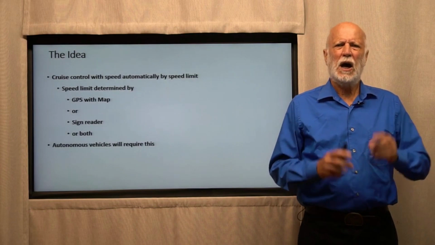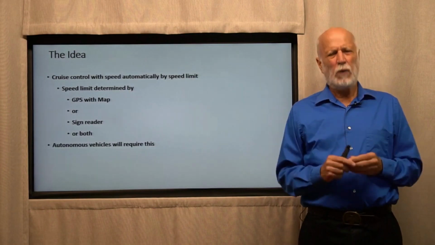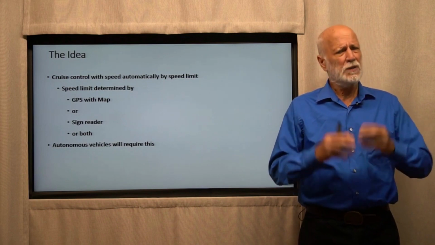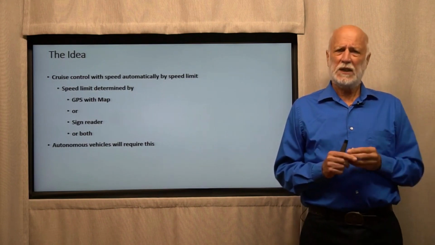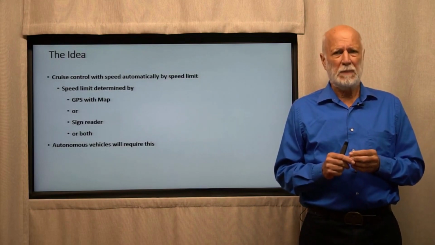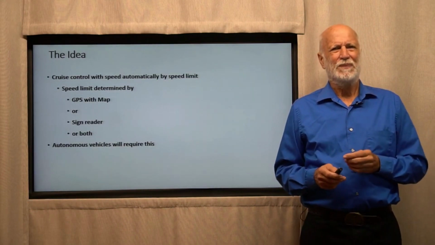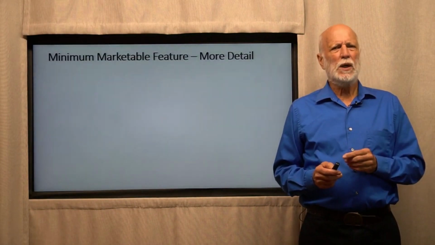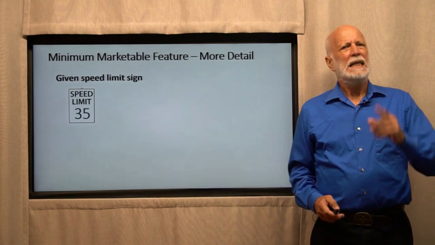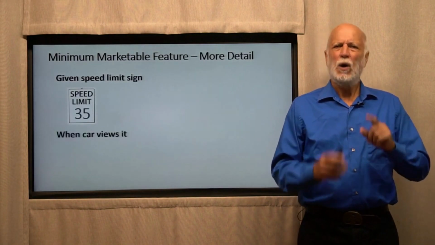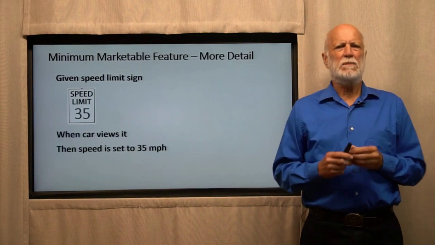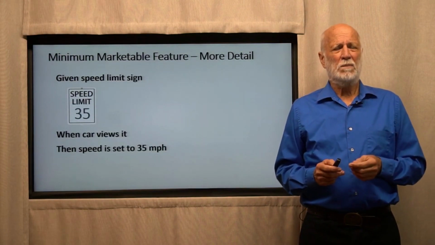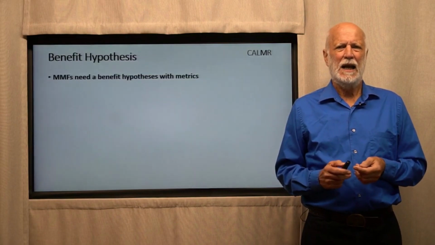Now it turns out autonomous vehicles are going to require this, because if an autonomous vehicle keeps speeding, then Elon Musk is going to have a lot of speeding tickets to pay. So there's our idea. And let's give a little more detail here. Given a speed limit sign, when the car views it, then the speed is set to 35 miles per hour. There we go. That's the idea.